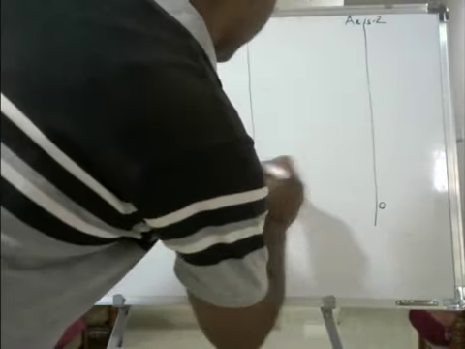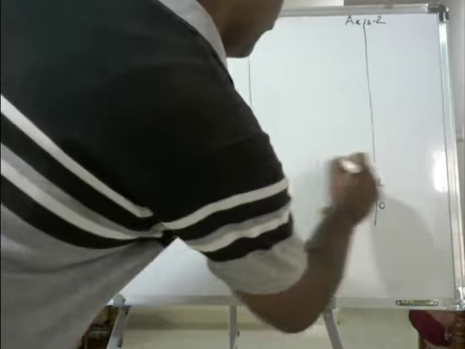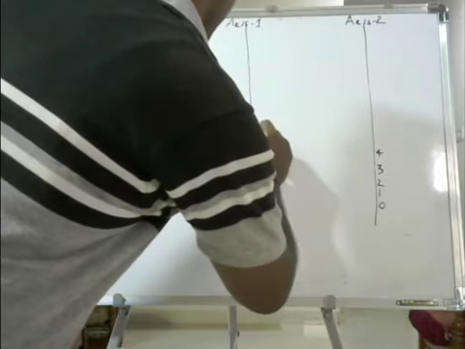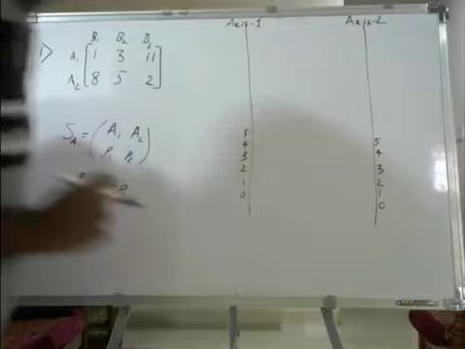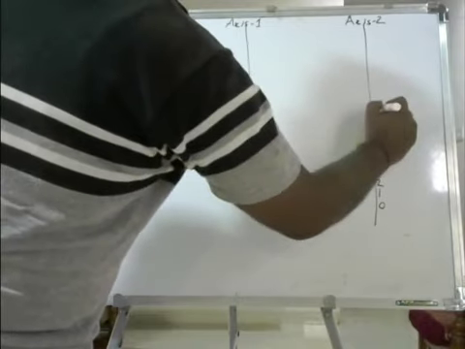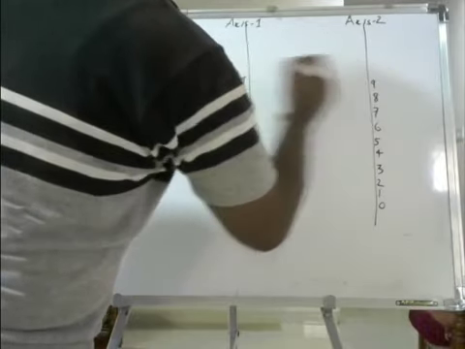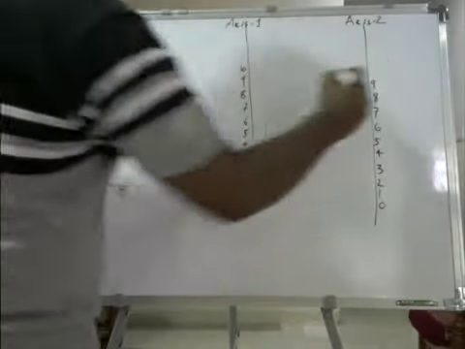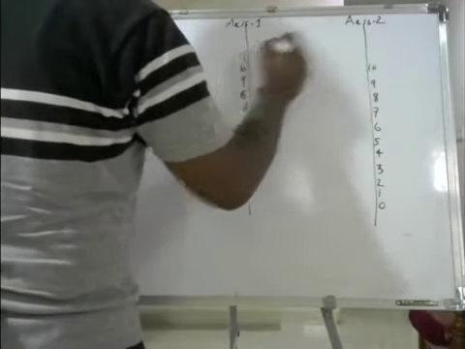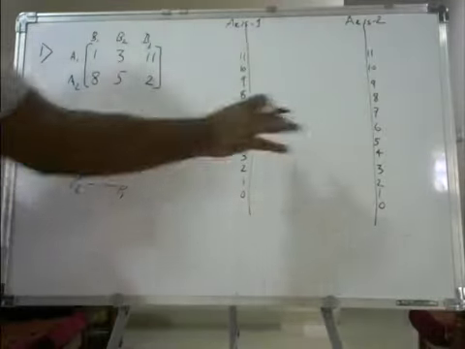So 0, 1, 2, 5, 6, 7, 8, 9, 10, and this is 11. So almost I have drawn the points here.